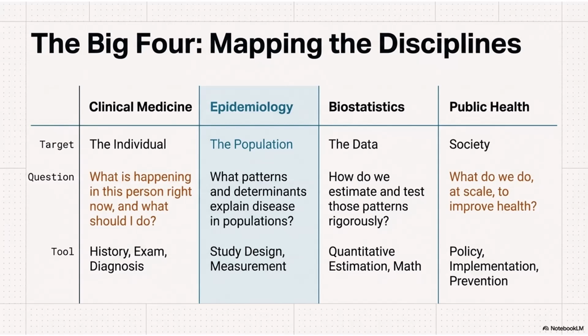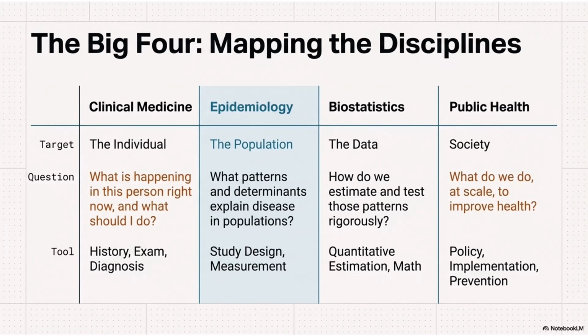Biostatistics helps quantify the answer once they do. As for public health, it is broader. It includes prevention, surveillance, implementation, policy, systems, community interventions, health promotion, and social conditions that shape health. CDC materials on social determinants explicitly include education, economic stability, neighborhood context, and access to care as influences on health outcomes.